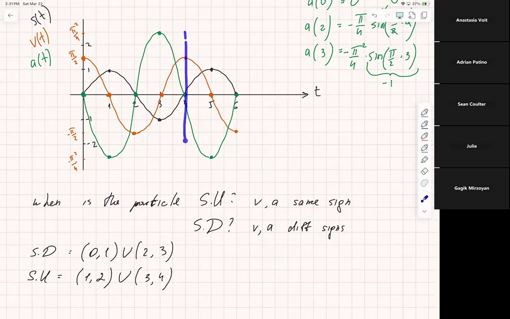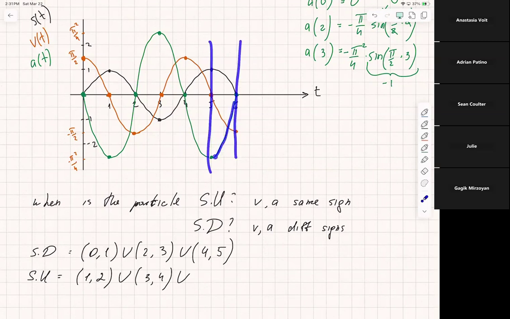And from 4 to 5, acceleration is negative, velocity is positive. This is where we slow down, 4 to 5. And from 5 to 6, both are in the negative direction, right?